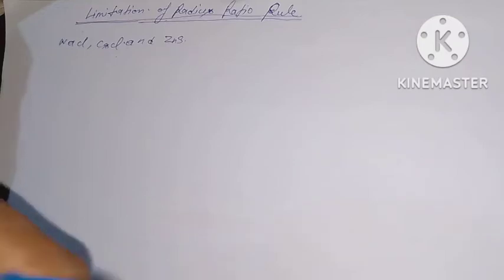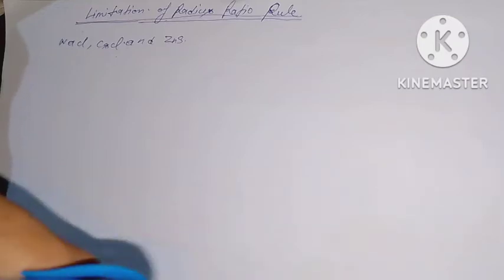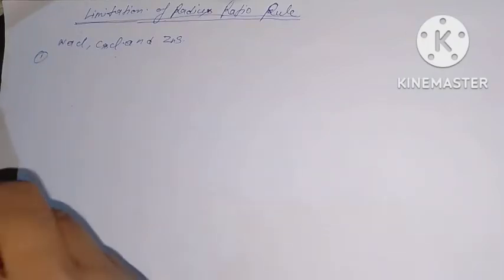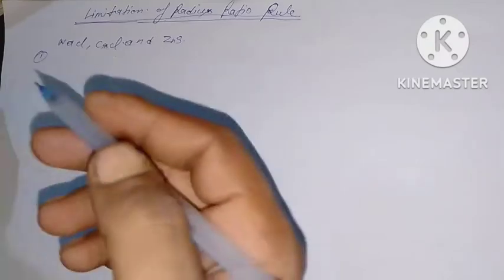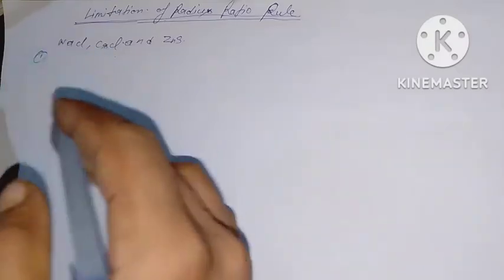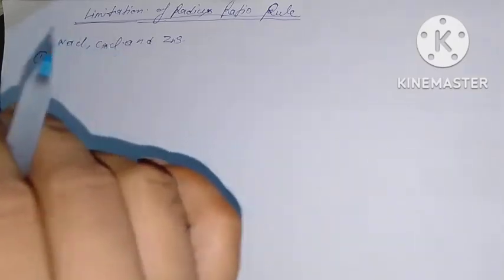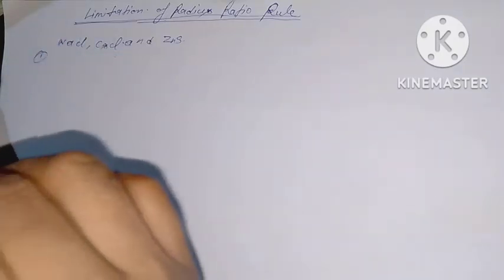The main limitations of radius ratio rule are as follows. First point, values for ionic radii cannot be determined absolutely, but are estimated. They are not completely accurate or reliable.